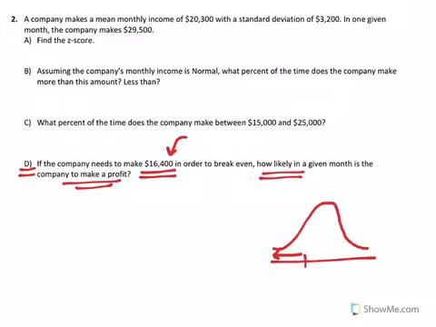So we want to know all this area under the curve. What is the probability that our data will be somewhere in there? So all we're going to do is take that z-score percentage and subtract it from 100.